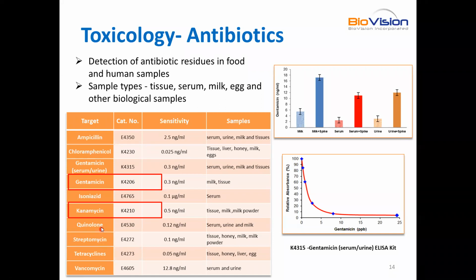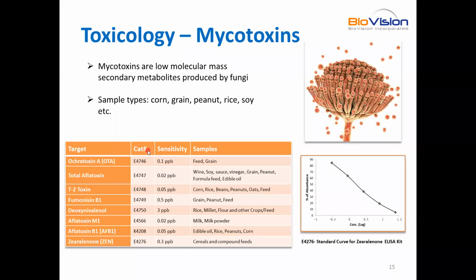Moving forward in this category of toxicology ELISA kits, the next is the ELISA kits for the detection of mycotoxins. Mycotoxins are low molecular mass secondary metabolites that are produced by fungi.